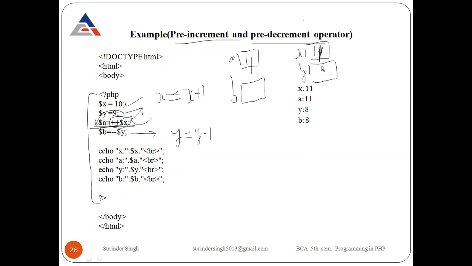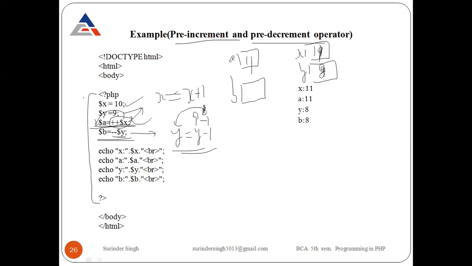And the second statement is also a pre-decrement statement, so first the value of the variable will be decremented. y has value 9, but after decrement it has value 9 minus 1, 8. 8 will be assigned back to y. Clear? Now y has value 8.